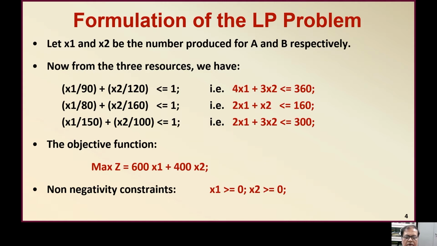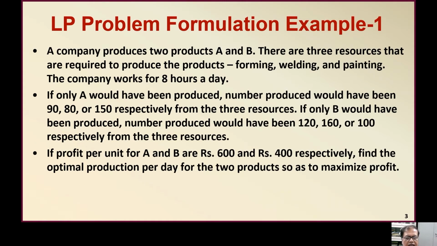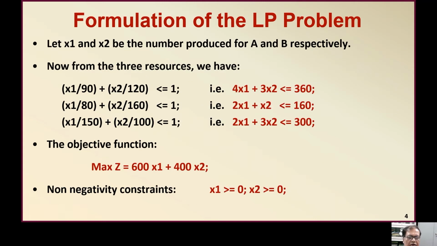Let's go back once again. You see, these are the profit per unit, 600 and 400, and those are the different constraints for forming, welding and painting. So utilizing all of them, we have got the objective function, the non-negativity constraints, and the three different constraints. This form of writing the constraints does not look very good to us.